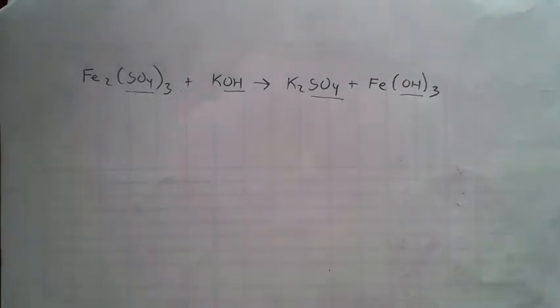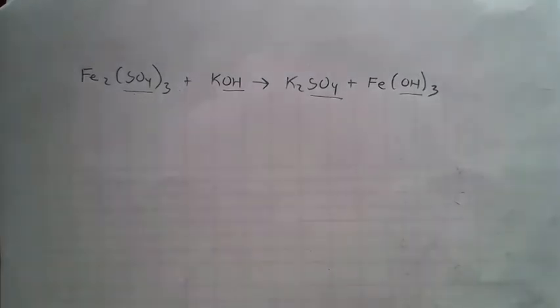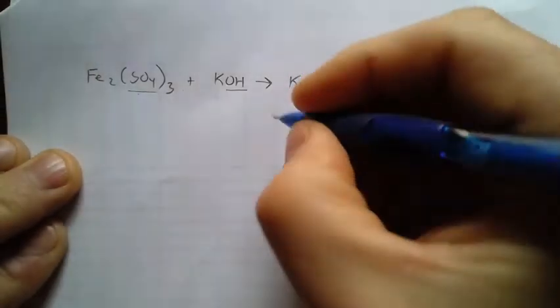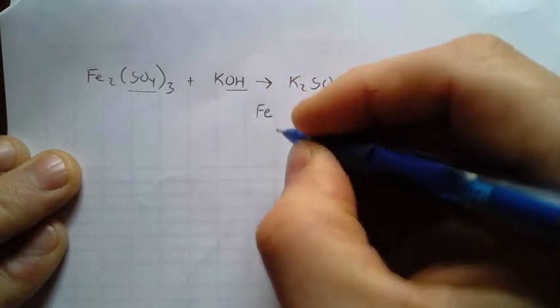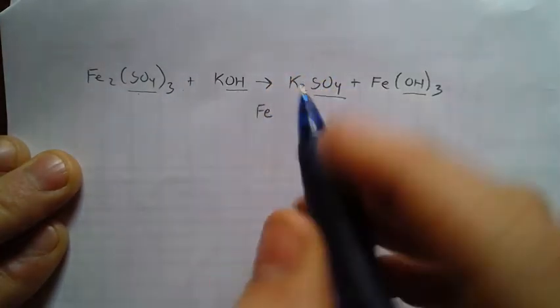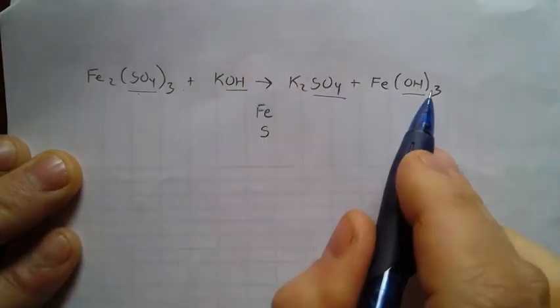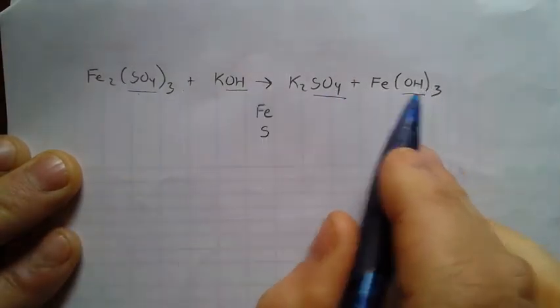First of all, I want to show it to you as we keep them separate, just to give you an idea about it. So if we were to separate these, we see that iron is in two places, so we can start off with iron. Sulfur is in two places, then we can do sulfur. Oxygen's in four places, so we want to do that last.